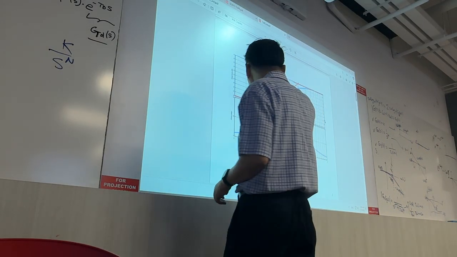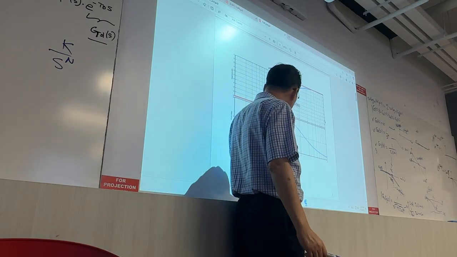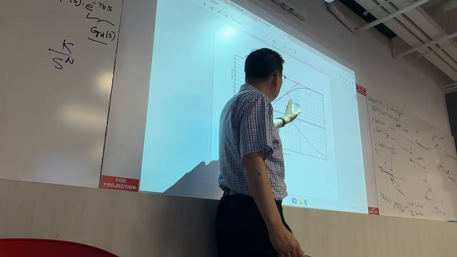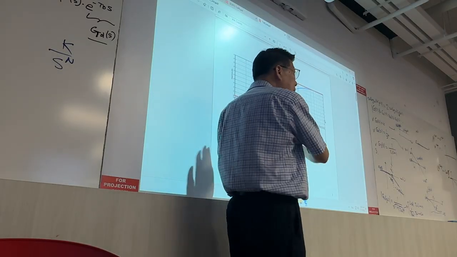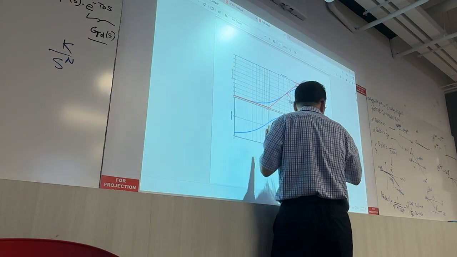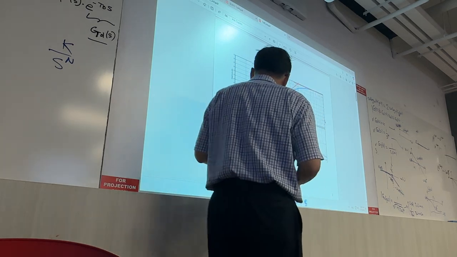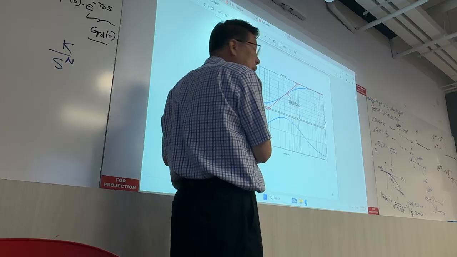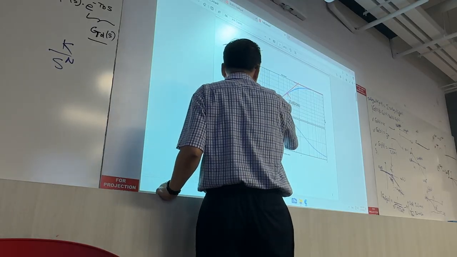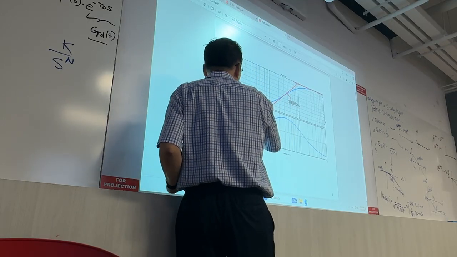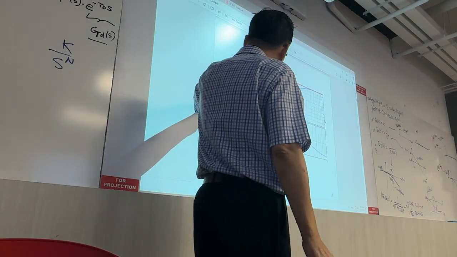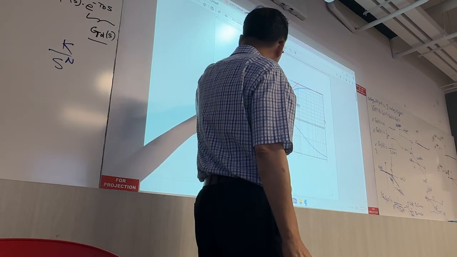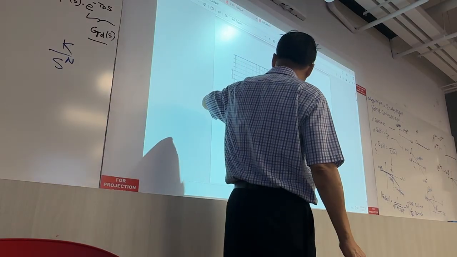Before the first, we have 2 corner frequencies. One is at 1, the other is at 10. All right? These are the 2 corner frequencies. We need to include them in the frequency range we select. And at best, we have 1 decade below the first corner frequency. And now we start from 20 decibels because the K is 10, so the constant is 20 decibels.